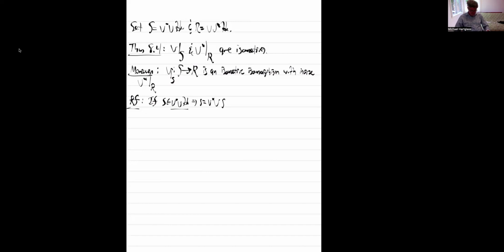All right, what is that going to tell us? This tells us that VC against VC is going to be C against V star V C. But then in turn, this is just C against C. So this preserves the magnitude squared of C. So we instantly see here that V restricted to S is an isometry.